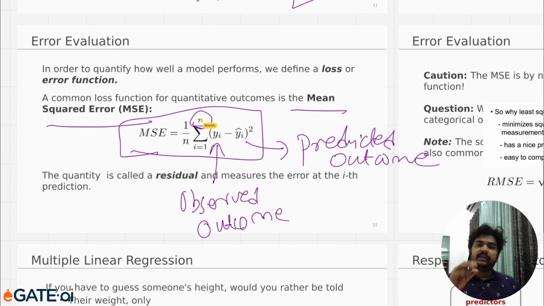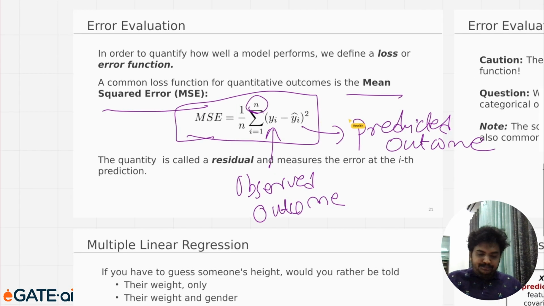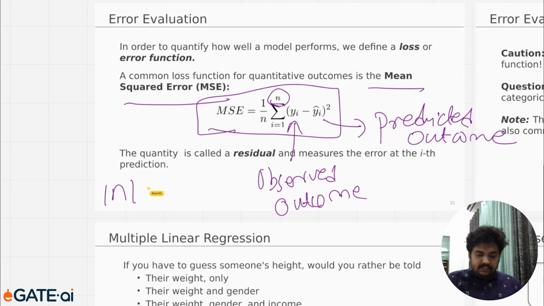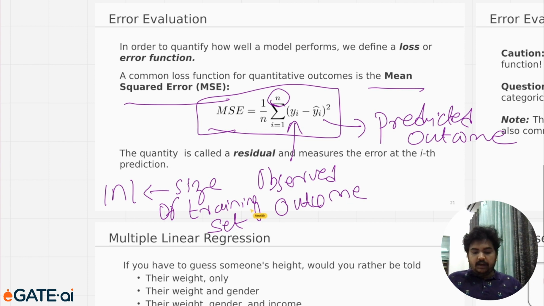We mentioned that we had around 200 data points, of which 20 of them were hidden from the system. So here we are talking about the size of the training data set, which is 180. Now the difference is what we typically call the residual. It measures the error at the ith prediction, where i is from 1 to 180 in our case.